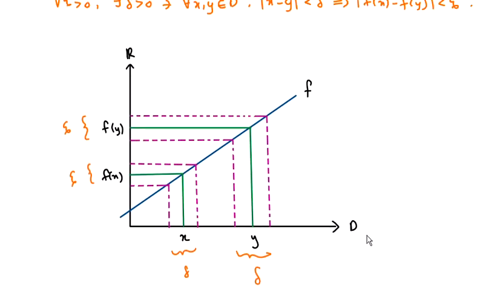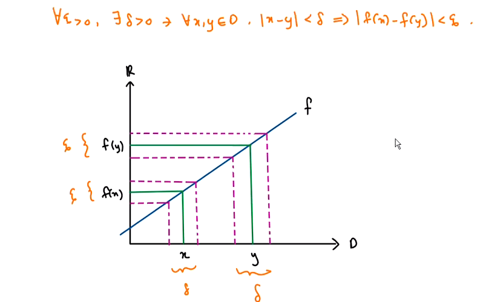Okay, so now we look at the illustration of the formal definition. What does it mean by uniform continuous? For all epsilon greater than 0, first kita draw dia punya straight line. So let's say the function f ni is an equation of a straight line.